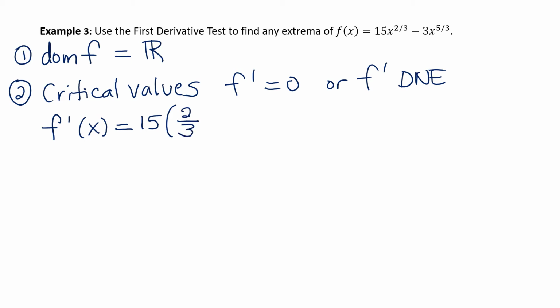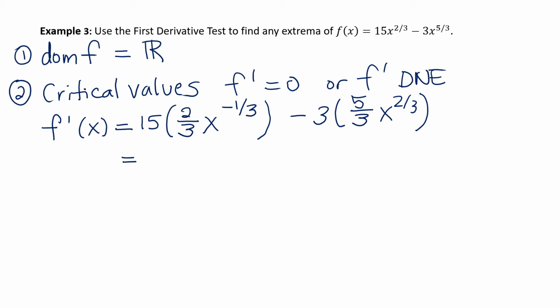Bring the 2/3 down, write it as a coefficient, x to the power of 2/3 minus 1. That's going to be a negative 1/3. And then we have minus 3 times the derivative of x to the 5/3. We bring the 5/3 down. That becomes the coefficient times x to the power of 5/3 minus 1 is 2/3.